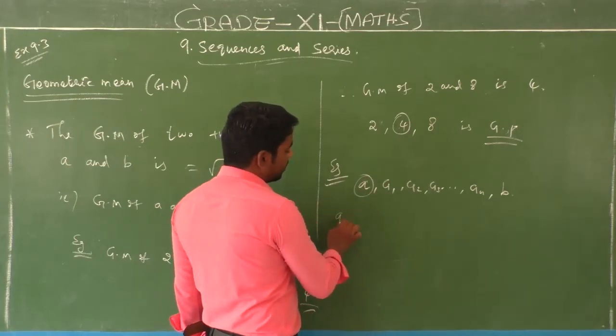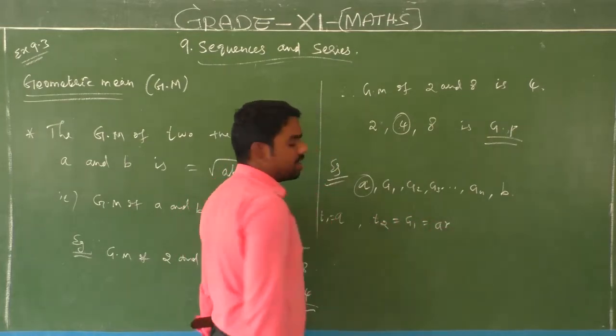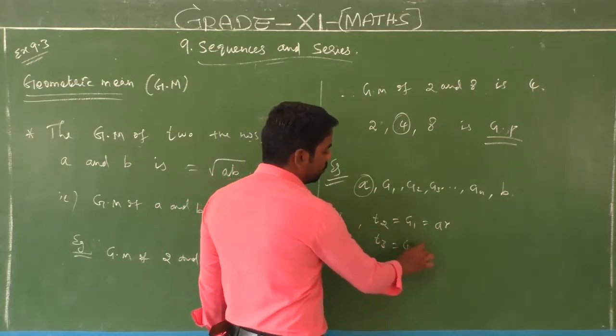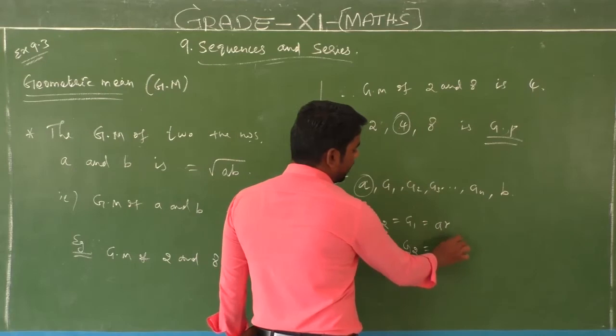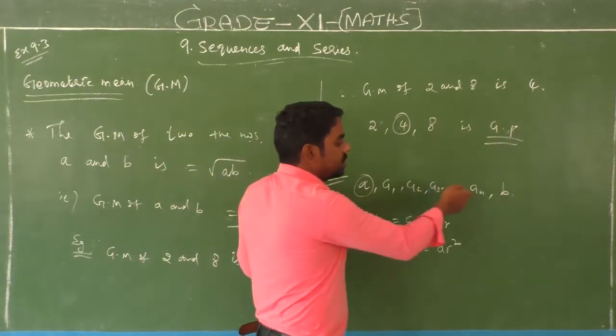Here a is the first element, T1 is a, and T2 is G1, that is ar power 1, and term 3 is G2, that is ar power 2, and G3, G4 and so on.